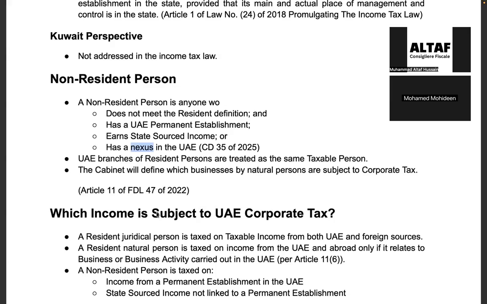So they give that status as a permanent establishment. Do you want to discuss more on the non-resident side, or shall we move on? Yeah, we can proceed. Okay, UAE branches of resident persons are treated as the same taxable person.